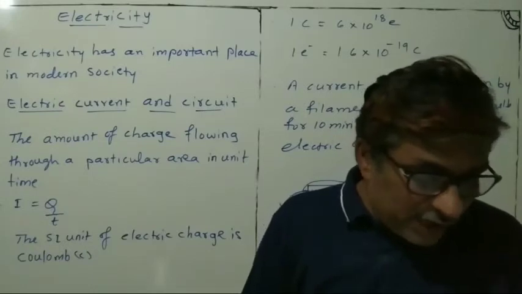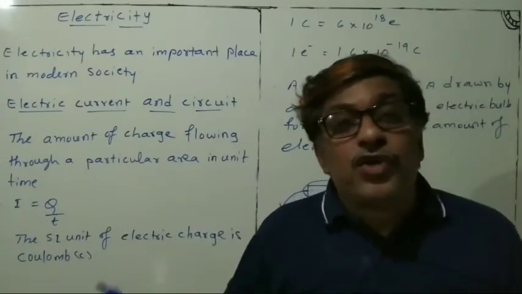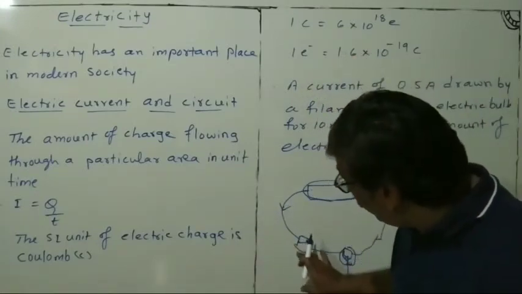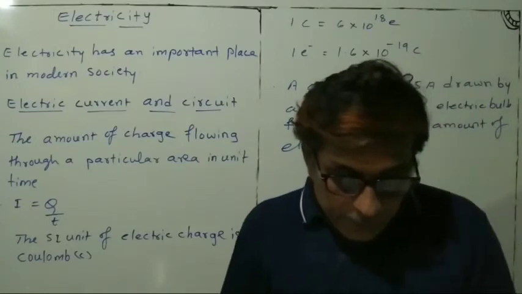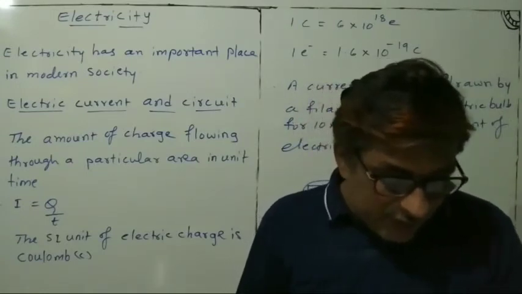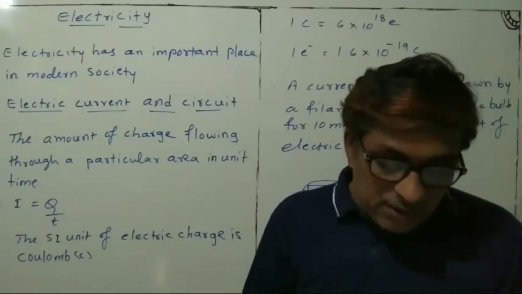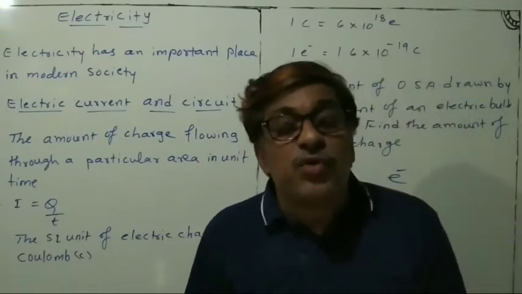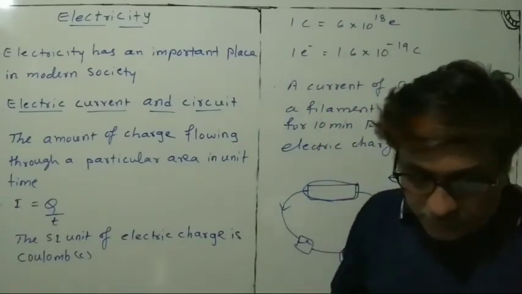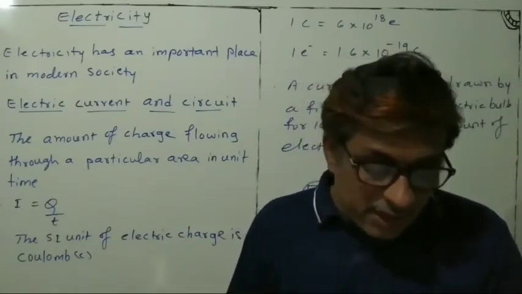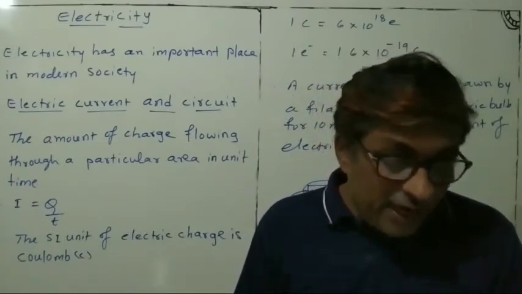We have also seen that the torch gives light only when it is switched on. So, dear students, what does a switch do? A switch makes a conducting link between the cell and the bulb.